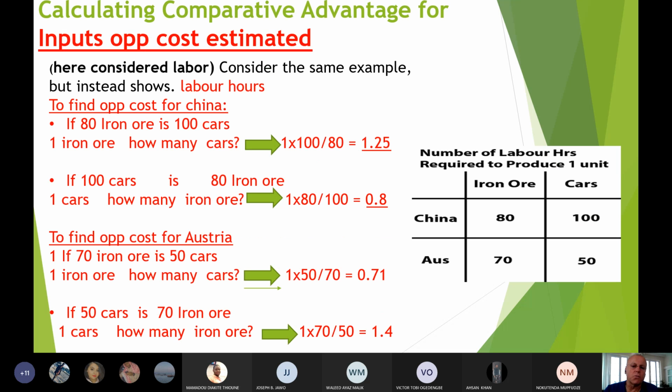Calculating the comparative advantage for the inputs is a little bit different. We are, of course, using the same logic but with a different application, the same application but with a different approach.